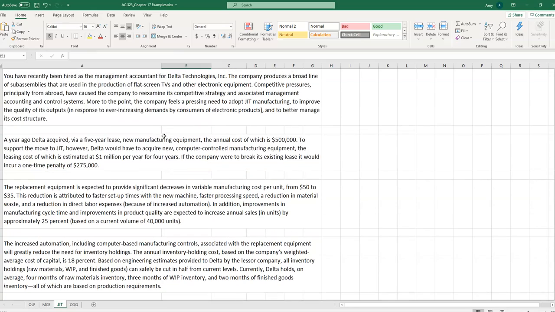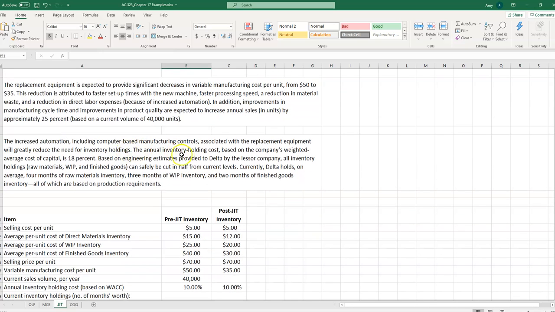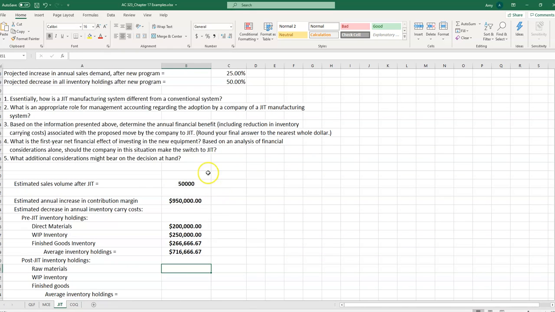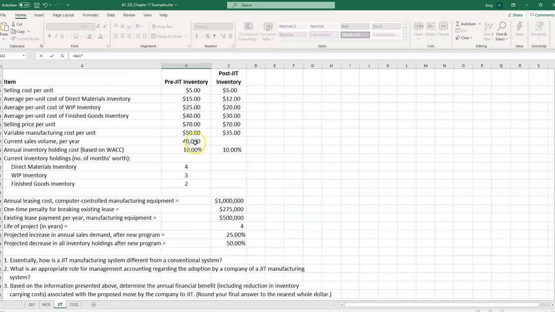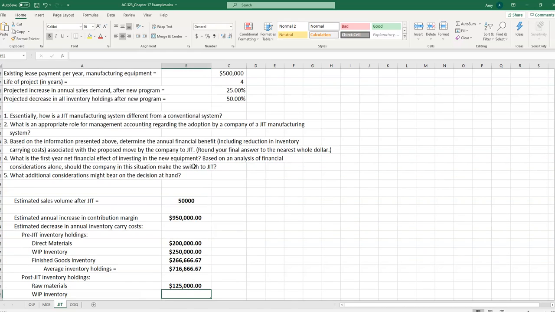The post-just-in-time holdings: the information that we have is that we can cut our inventory holding time in half. So our new costs will be the new 50,000 units times the price, which stays the same, but now instead of 4 out of 12 months, we're going to have 2 out of 12 months because we cut the holding time in half.